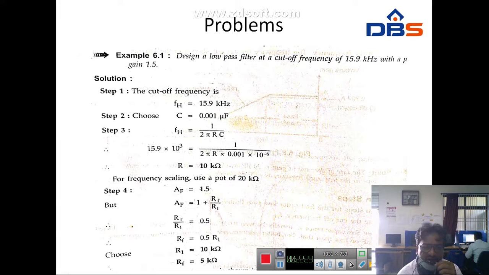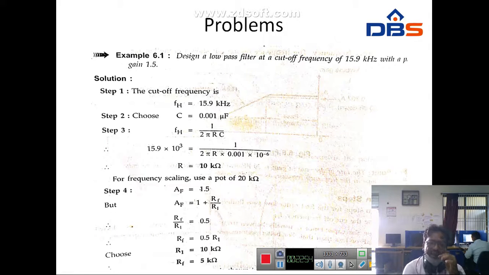Already we have the given cutoff frequency Fh equal to 15.9 kilohertz, and in step 2 we have to choose the capacitor value, that is 0.001 microfarad.